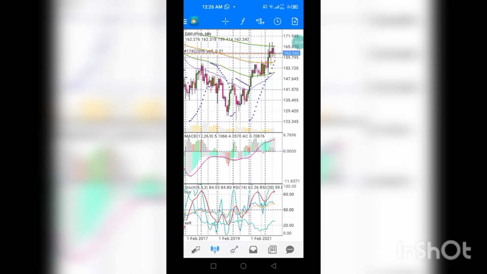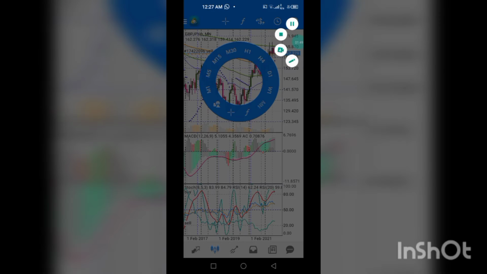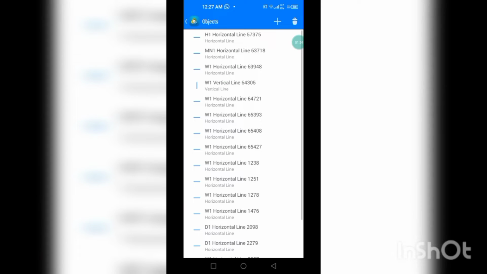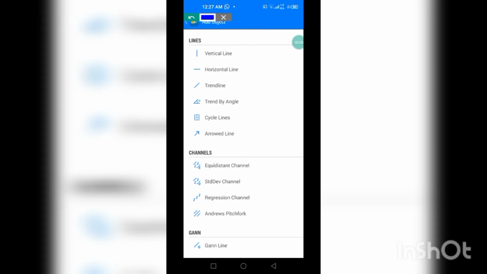So we move down. As you can see here, we are on the monthly chart, and we are on GBP JPY. We go down to your tools, trend line.